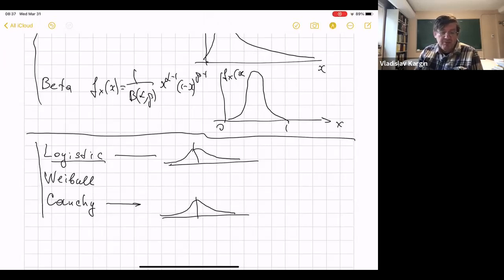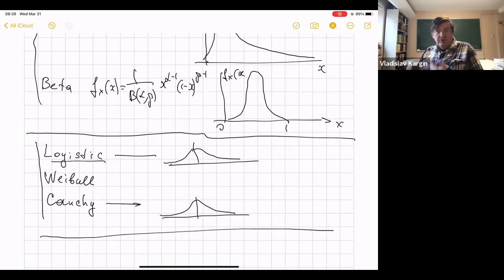So there are many of these distributions, and if you encounter one of them, most of them are implemented in R, so you can go to R, look at the help, and find the logistic, Weibull, and Cauchy distributions there. Again, it's a huge number of distributions. We just studied 3 fundamental distributions and 2 possible generalizations, which are popular and were selected in this book.